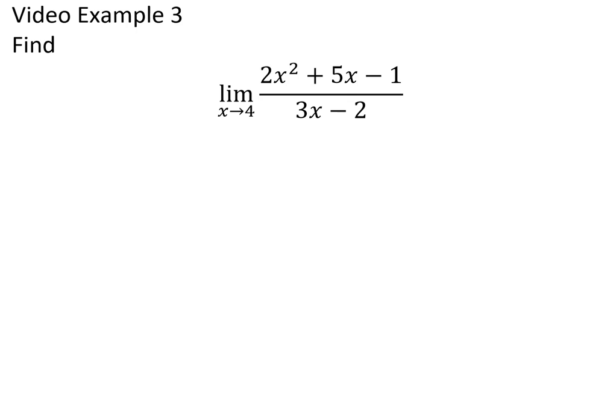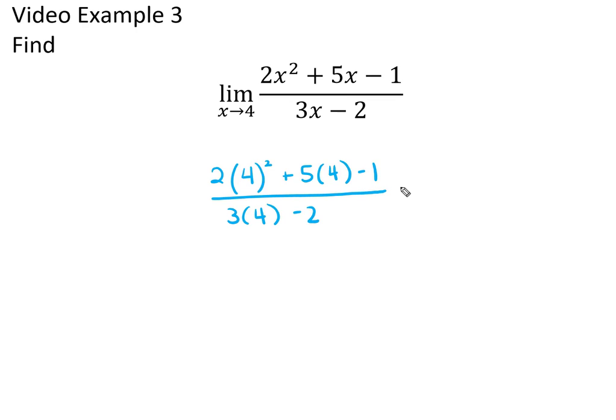So we can go ahead and solve this limit by plugging that value of 4 into the function. So then you're going to plug it in, say 2 times 4 squared plus 5 times 4 minus 1 over 3 times 4 minus 2. And so you get 2 times 16 plus 20 minus 1 over 12 minus 2.